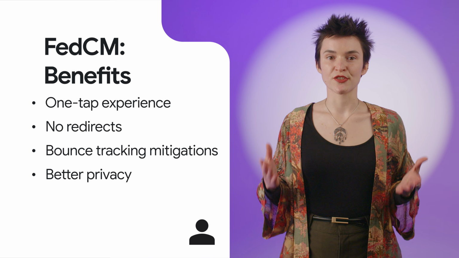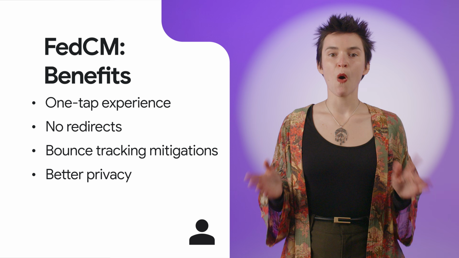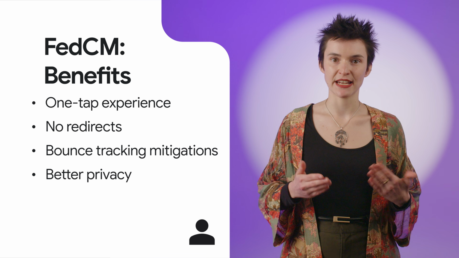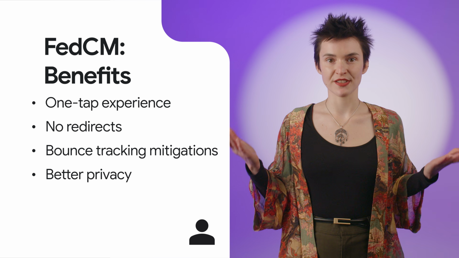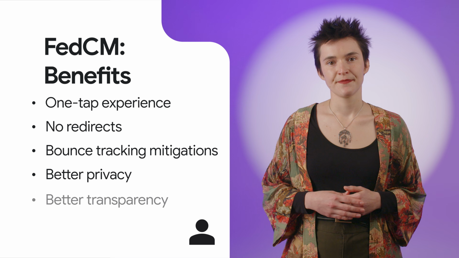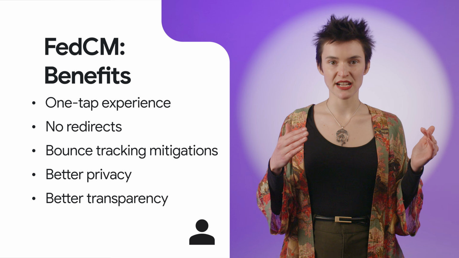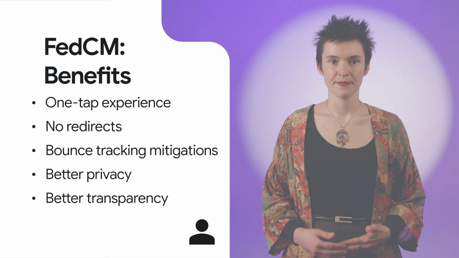The identity providers who choose to use the delegation model will not be able to know on which relying party the user is signing in. And this is obviously better for user privacy. And finally, the FedCM UI helps the users better understand what data is being shared.